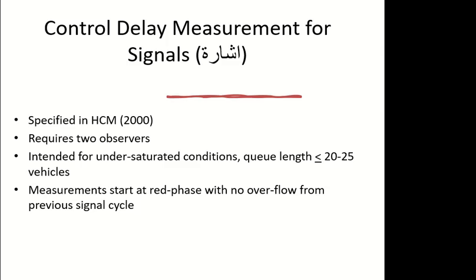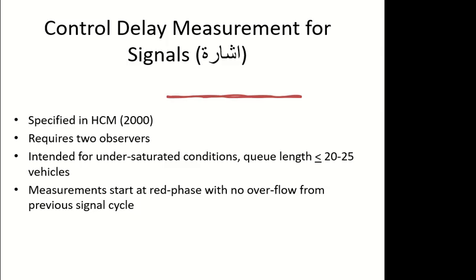Overflow means what? When the signal becomes green, the vehicles which were already in the queue are all supposed to move and clear the intersection. But sometimes the queue is so long that one green is not enough to clear it. This is called overflow.